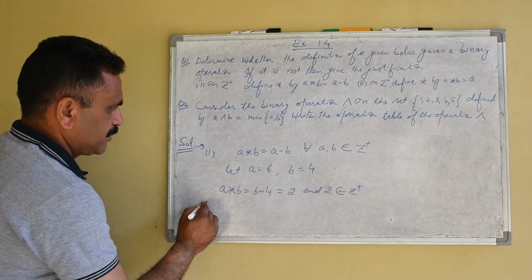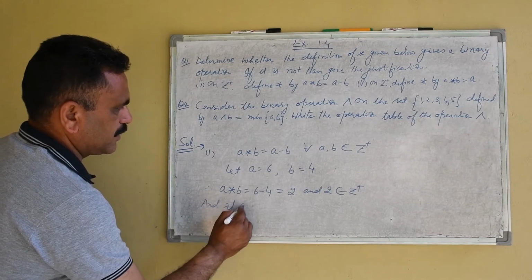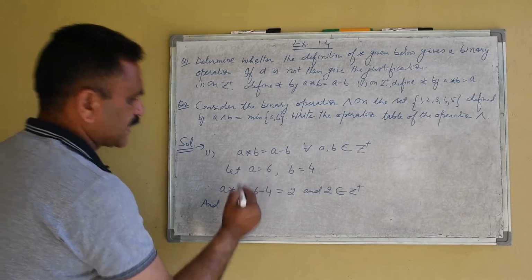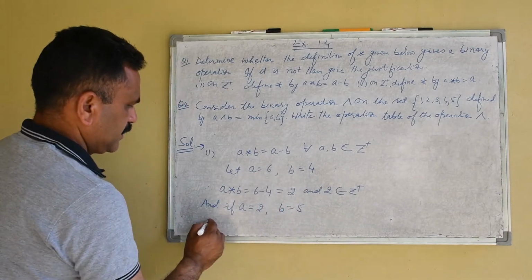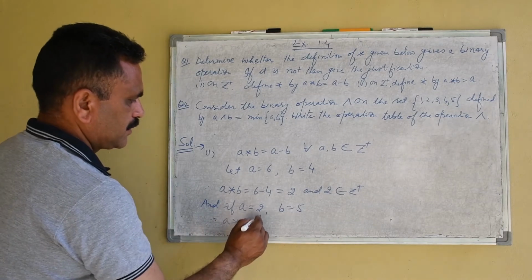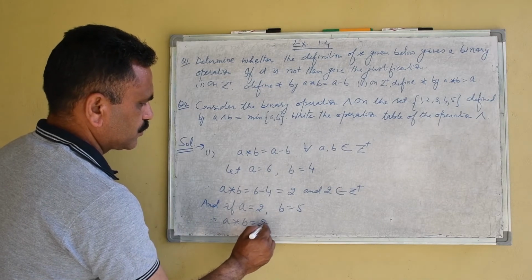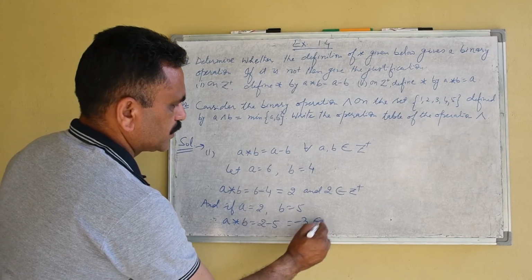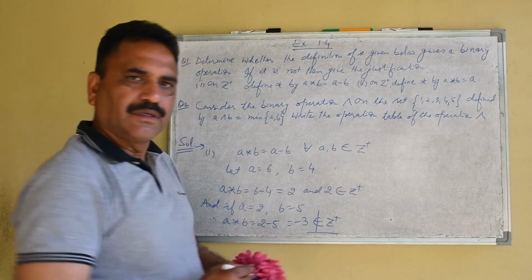Alright. And suppose we take a as 2 and b as 5. Then a star b is a minus b, so 2 minus 5, which is equal to minus 3, which does not belong to Z plus.